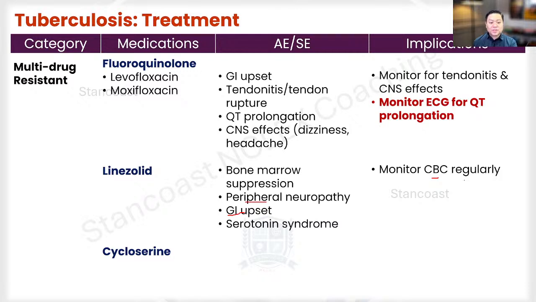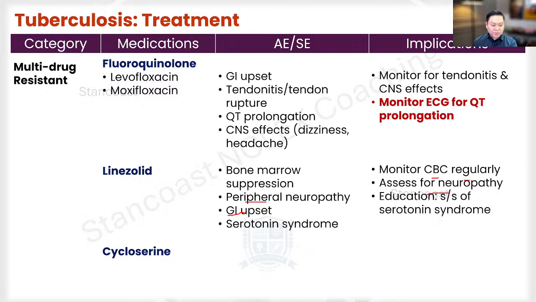So we want to make sure that we have these baseline information and periodic testing. Now, we're also going to have to assess them for the neuropathy, and we're also going to educate them for the other side effects, such as in the serotonin syndrome.